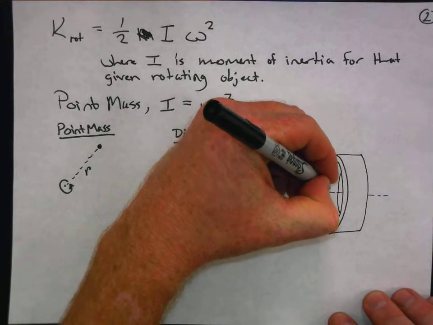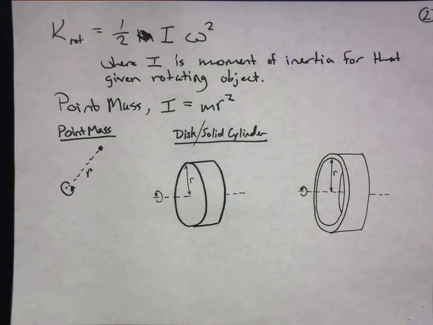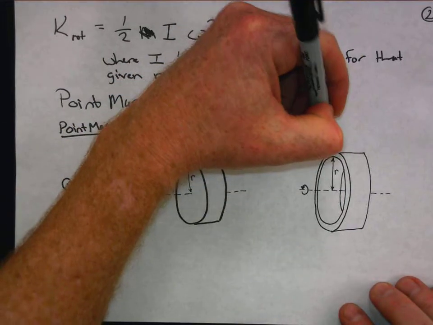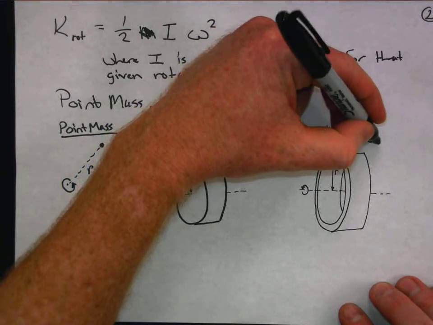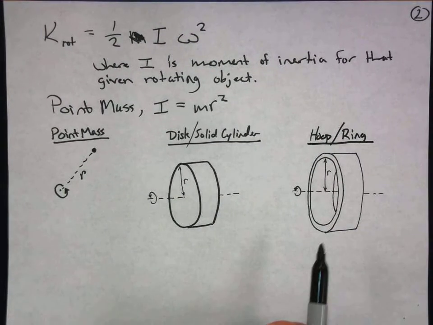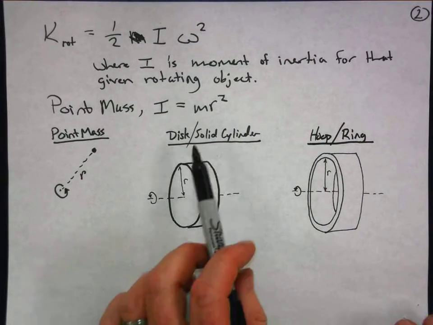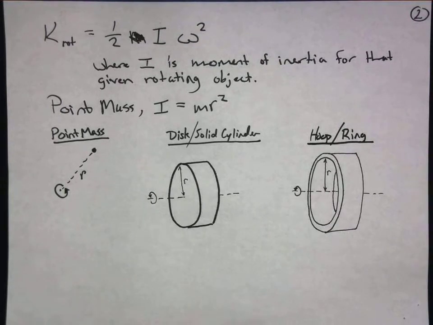So we have a radius here. Awesome. Oh, I forgot the label on that guy. Hoop or a ring. Or you might think of this as like a cylindrical shell, right? If this is a solid cylinder, this is an empty cylinder. You can see that radius is involved in all of these. Radius does matter, but so does where the mass is located.